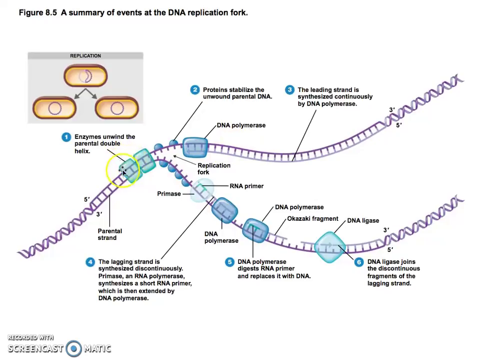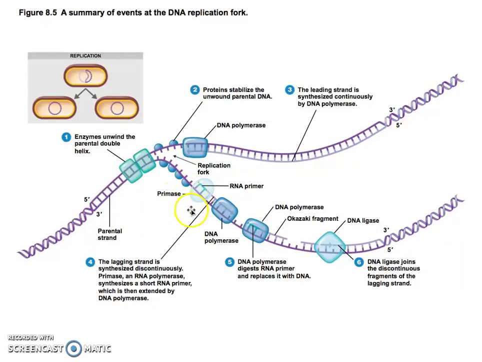These are the gyrase and the topoisomerases that are unwinding and relieving pressure from the helix. These are proteins designed to stabilize the two pieces of DNA, because if you've ever worked with double-sided tape, you know that things can get messy, so these are just sitting there going, all right.